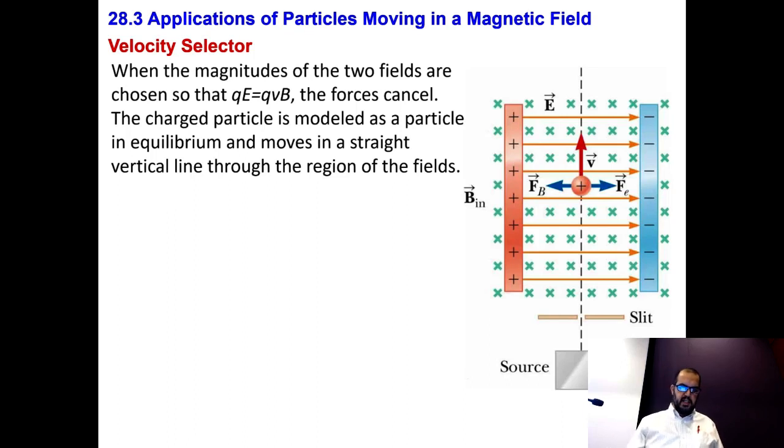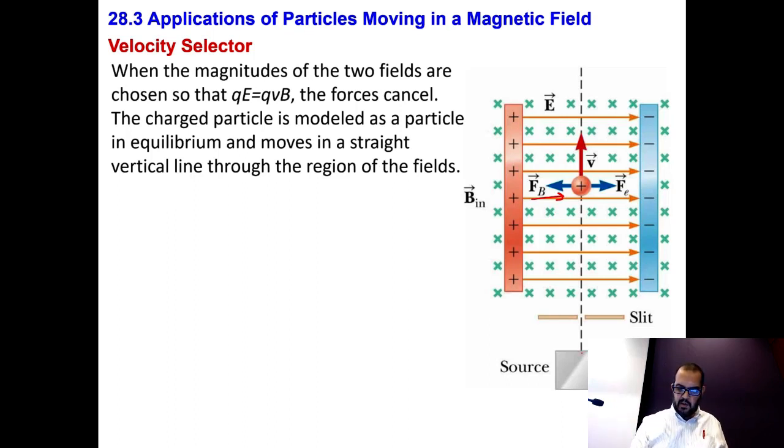We already mentioned that when the magnitudes of the two fields are chosen so that qE is equal to qVB, the forces will cancel. In this case, you have an electric field pointing from the positive plate to the negative plate. This is the electric field E. The magnetic field is into the page, so it's in the minus z direction.